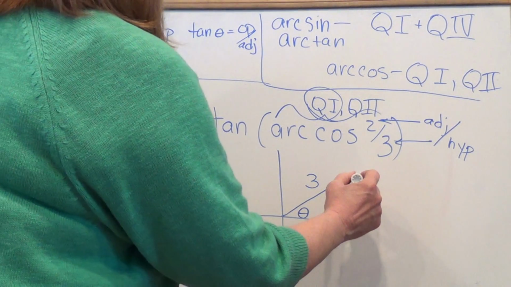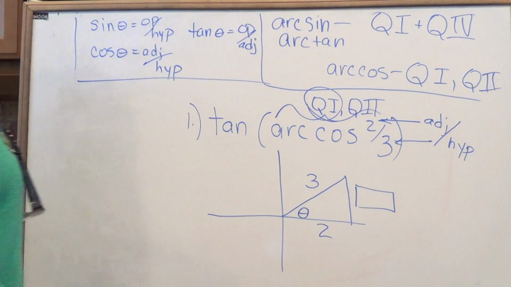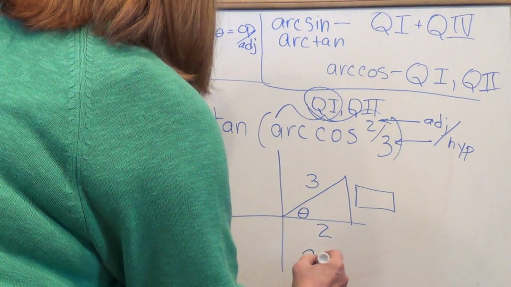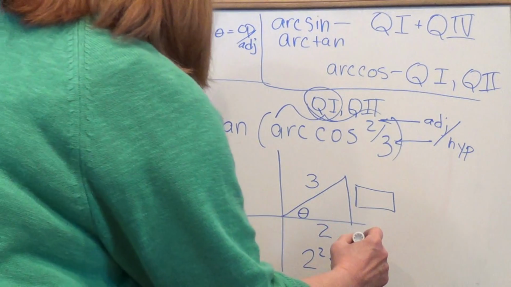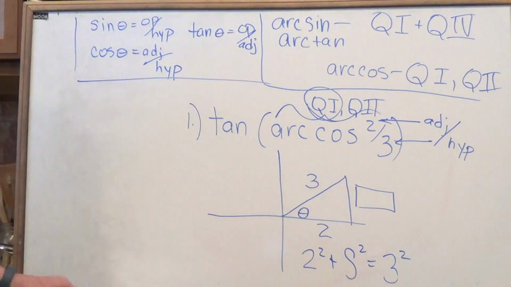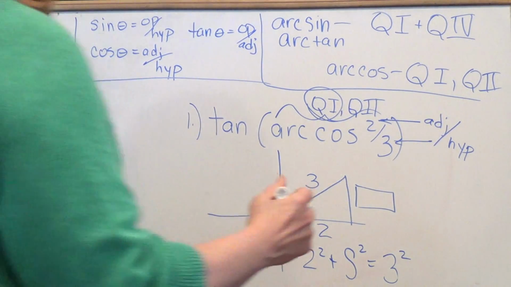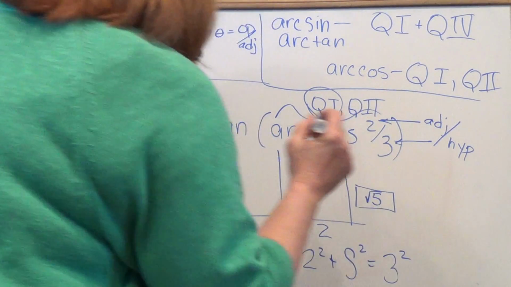I have an unknown side that I have to fill in, and I use Pythag to do that. Remember, the hypotenuse is by itself. 2 squared plus the unknown side, I'll call it s, squared, equals 3 squared. And when you solve that, s turns out to be the square root of 5. So s is the square root of 5, so I can put it right there.